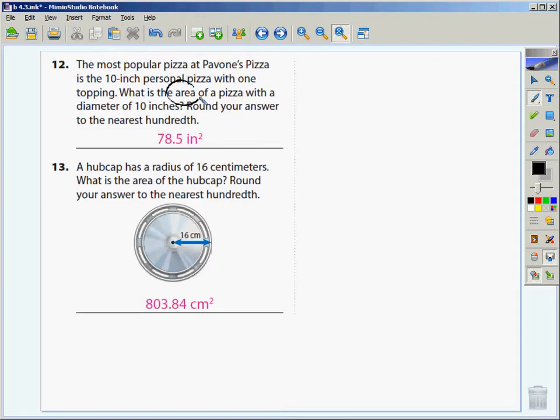Listen, the minute I see this, what is the area? Pi r squared. They said the most popular pizza at Pavone's Pizza is a 10-inch personal pizza with one topping. That means it's got a 10-inch diameter.